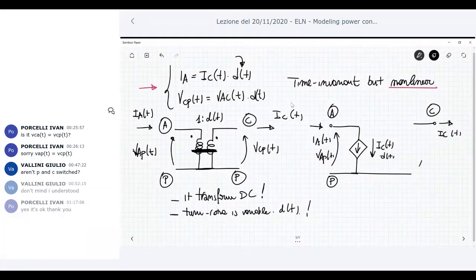And at the same time, you can recognize that these equations state that VCP depends on the voltage at the left-hand side multiplied with this duty cycle.